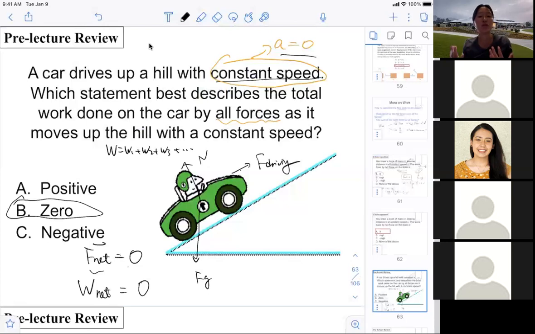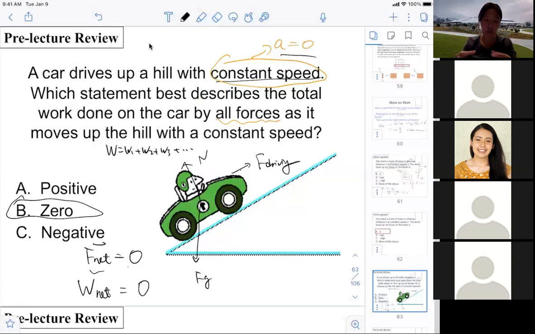Whenever you have a question where the speed is not changing, it's a constant velocity, the total work done on this object from external forces should add up to be 0, which makes sense, because work is energy transfer. If there is positive work done, it's going to make you go faster and faster.